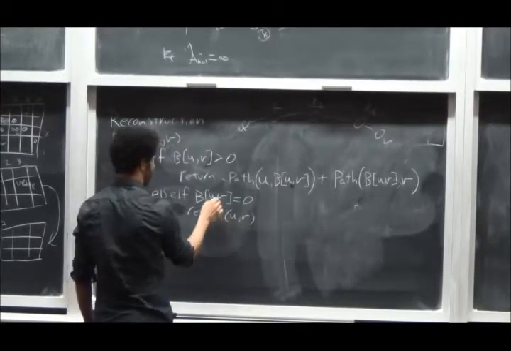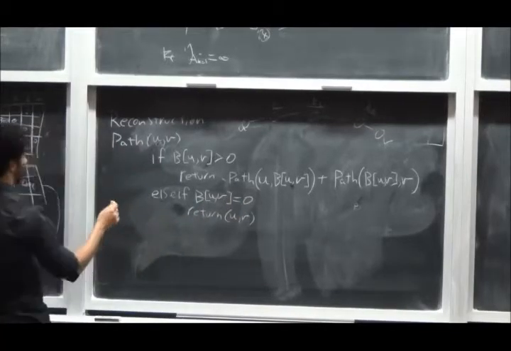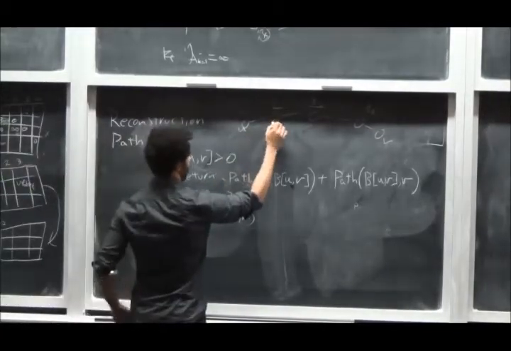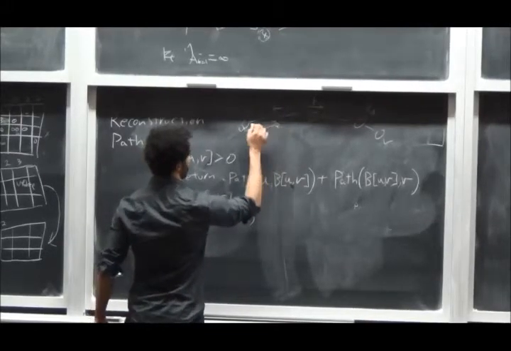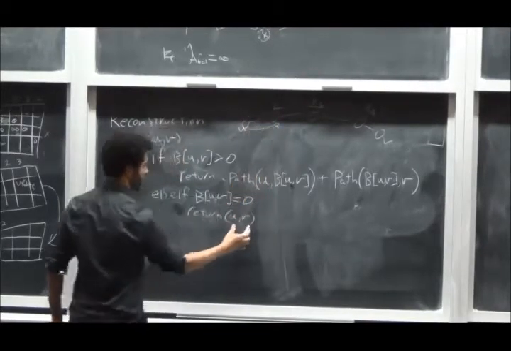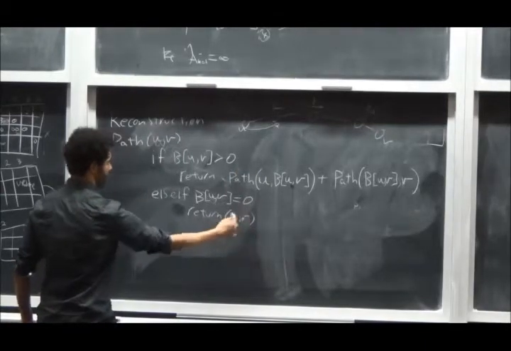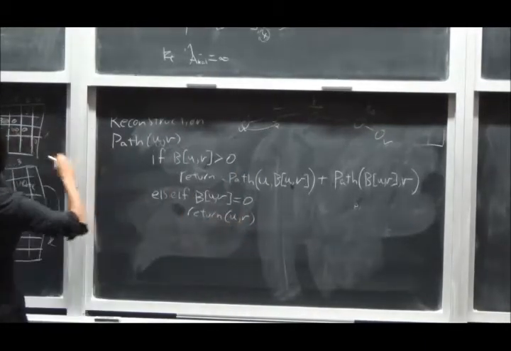So if you get down to BUV equals 0, it means you've hit one of these situations where you have a node 1 connected to a node 2, and you can just return the UV tuple as a pair, because you know it's a 0. It's this case here.